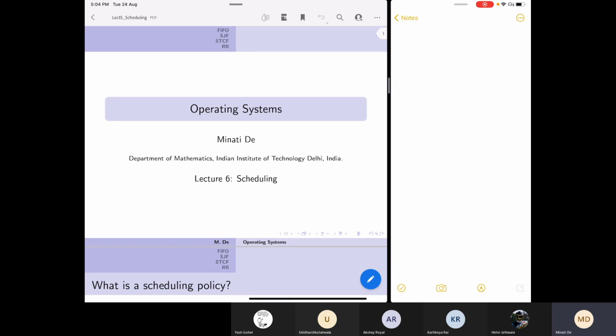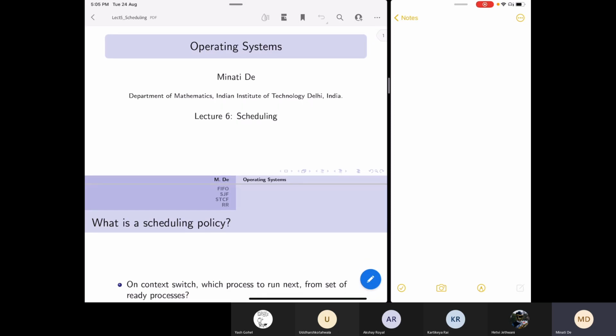It might not happen that the operating system will give control to the same process. There are several processes that are ready, and among them it can decide on one particular process. Now the question is which process it should schedule. That policy we are going to learn in today's discussion.